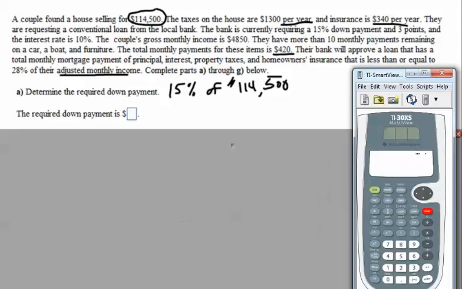So on our calculator, 15% as a decimal is 0.15. We want to times that by the selling price of $114,500. So their down payment is going to be $17,175.